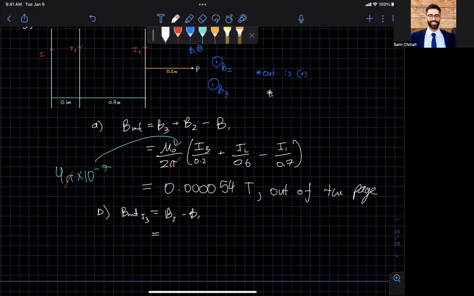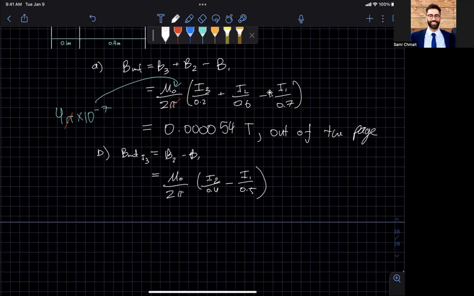And at this point, this part should look familiar. Plug everything in. You get 0.0000, that's 4 zeros, 66 T. And we're going out of the page.